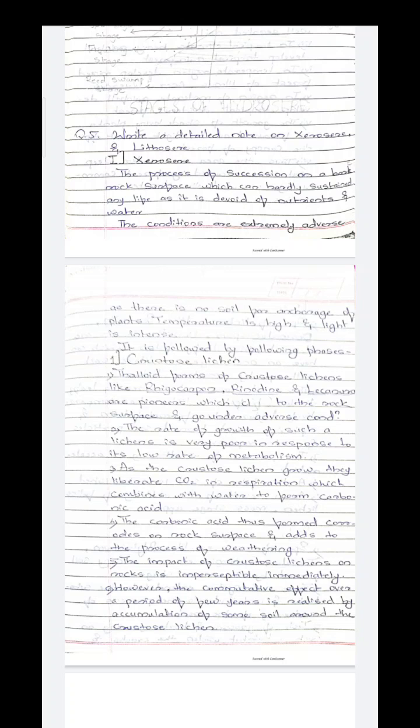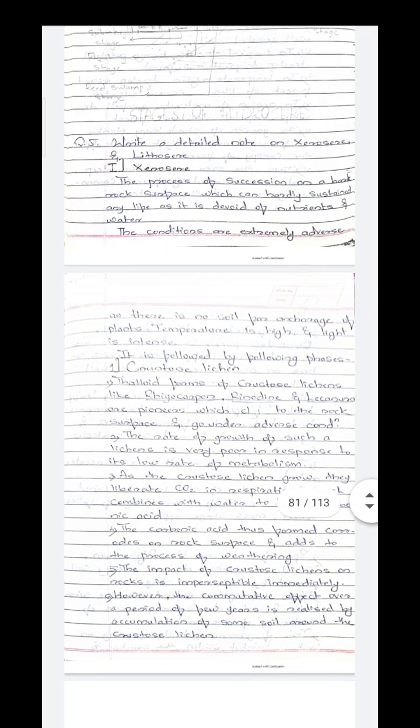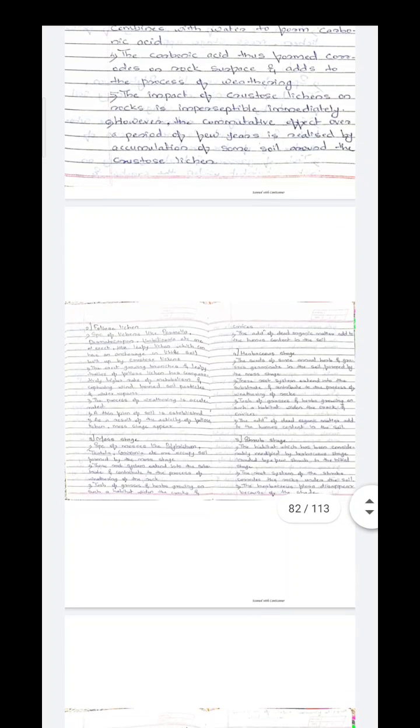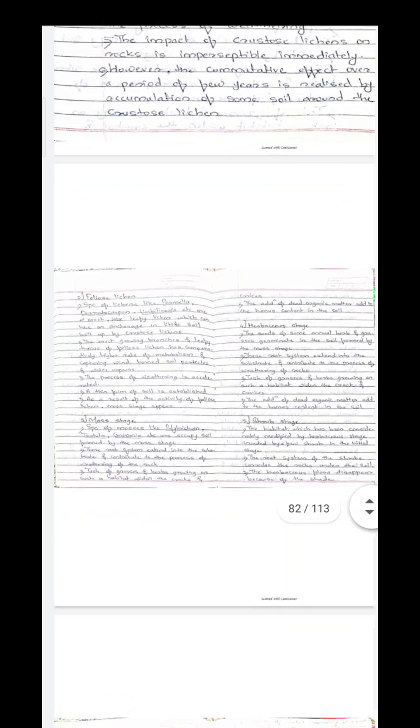The next community, the foliose lichens, will grow in these conditions. Foliose lichens include species like Parmelia, Dermatocarpon and Umbilicaria.